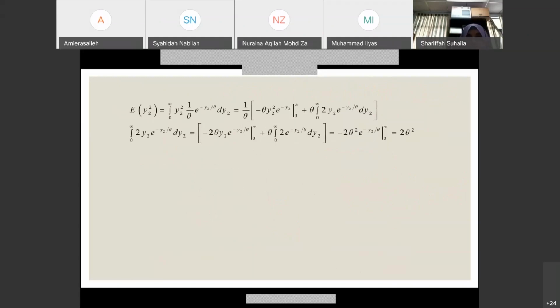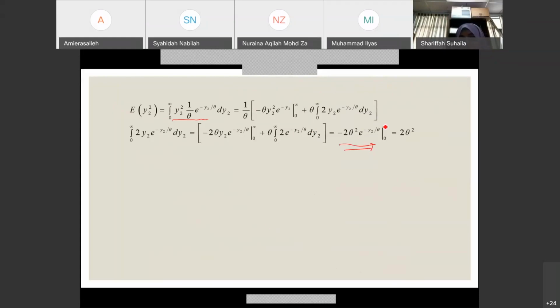Same. Ni je lah dia punya integration tu, jangan salah integrate je lah. So kamu ada again y2 square times your PDF tadi. PDF for y2 tadi, 1 over theta exponential negative y2 over theta dy2. So again, faktorkan 1 over theta, selesaikan dalam tu integration by parts. Tapi kena double check balik lah, tengok betul ke tidak. So now at last tu saya sampai kat sini.